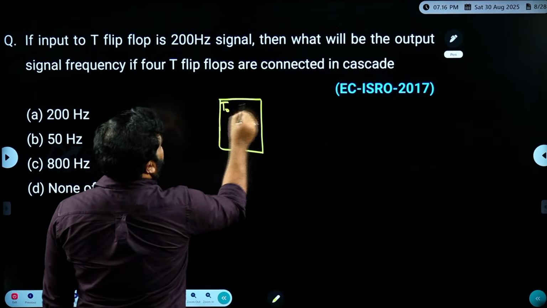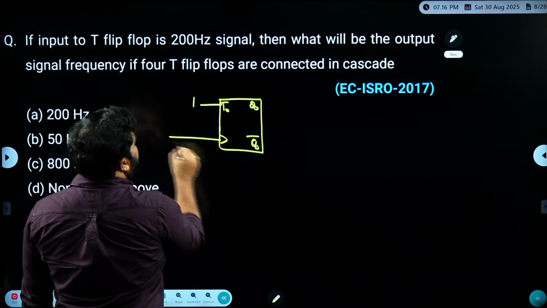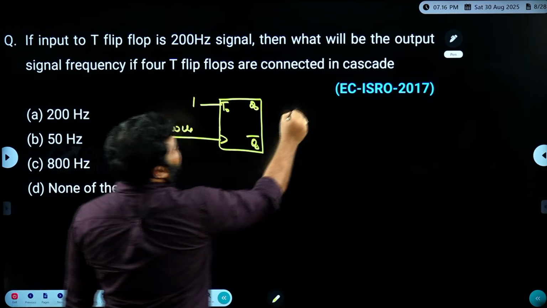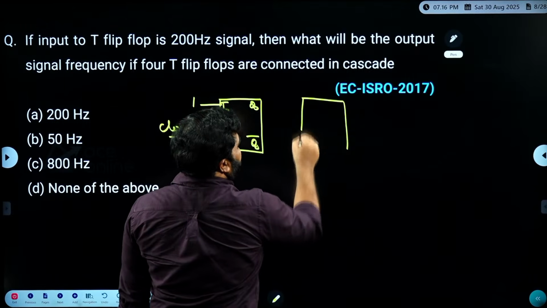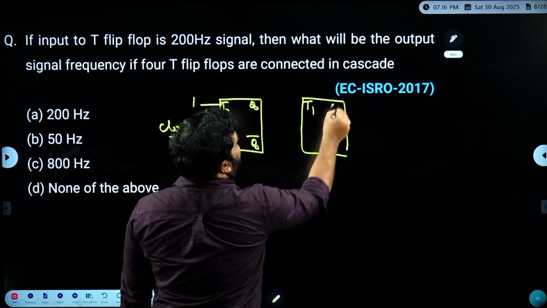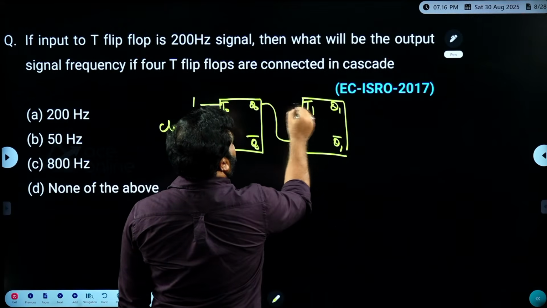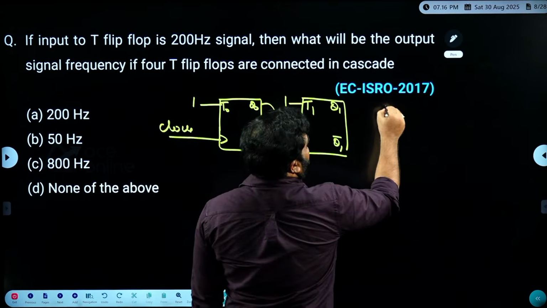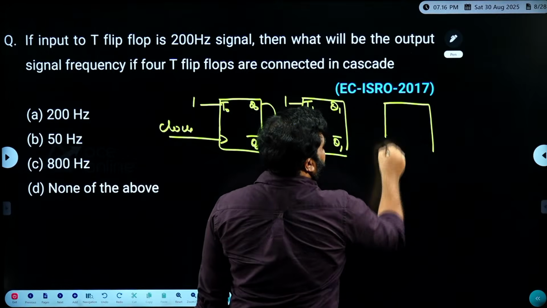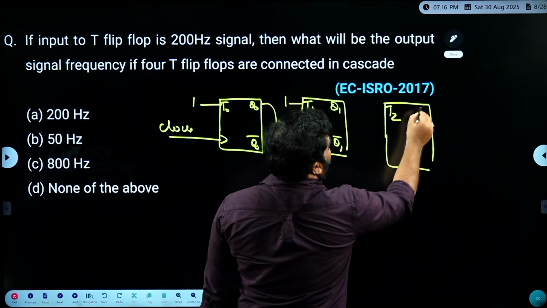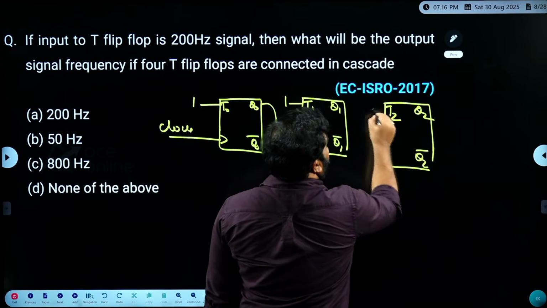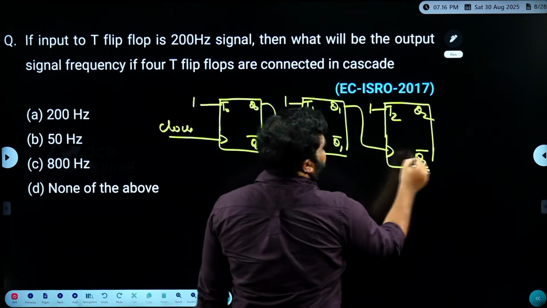So, let me take here T0, Q0 connected to 1, and there is a clock. Then one more stage, here we can say T1, Q1, Q1 bar. Q0 is the clock, T1 is equal to 1, and in the third stage I can say here T2, Q2, Q2 bar, T2 connected to 1, and Q1 is also the clock.